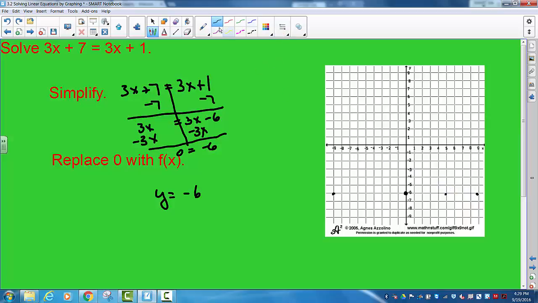So now we graph our line, and we've got a horizontal line that never crosses the x-axis. So since it never crosses the x-axis, it cannot have an x-intercept. And because it doesn't have an x-intercept, it cannot have a root, a 0, or a solution.